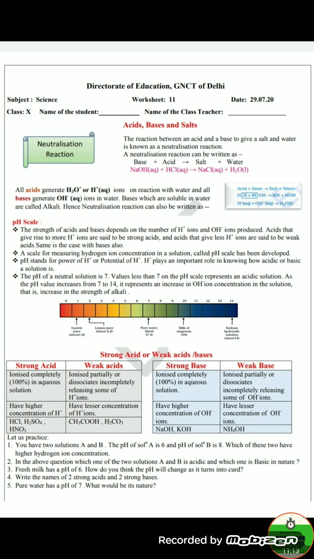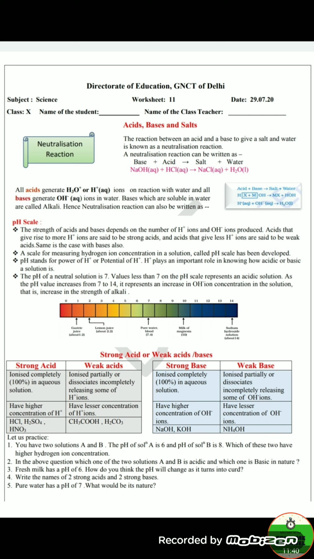Answer to question 2. In the above question, which one of the two solutions A and B is acidic and which one is basic in nature? So it is clear from the above discussion that solution A is acidic because it has lesser pH, and solution B is basic. Question 3.